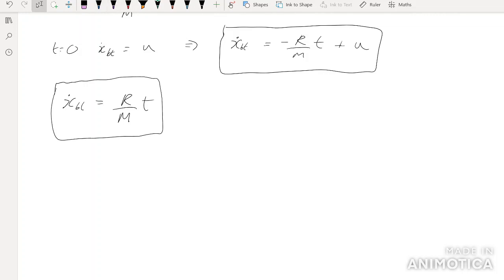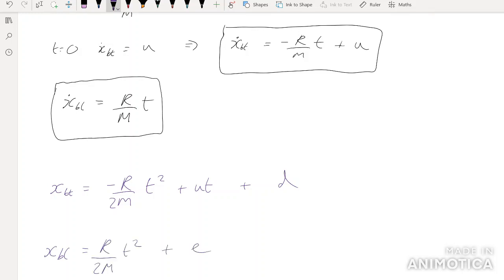So then we get that x bullet is going to be equal to minus r over 2m t squared plus ut plus some other constant of integration, and x block is going to be r over 2M t squared plus some other constant of integration.